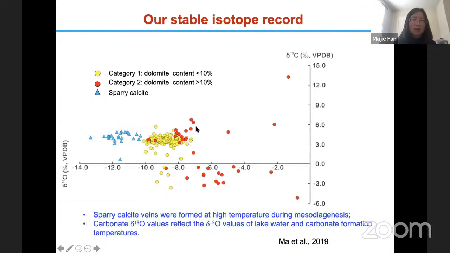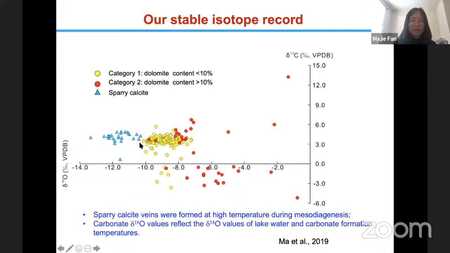And then the red is what we call category 2 carbonate. This has more dolomite than calcite, basically dolomite content of more than 10%. This group of data shows a large, broad variation of the isotope values. The other category, which we call category 1, has dolomite content of less than 10%.